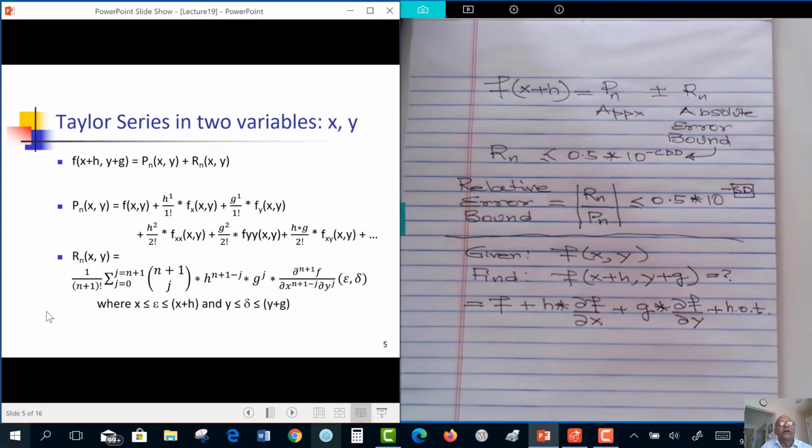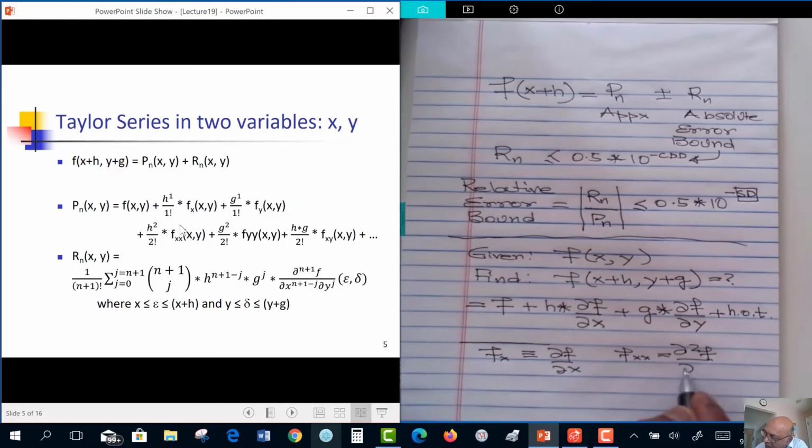I have got the second order term here on my slide. This is our second order term, which involves the second derivative. Notice I'm using a notation. If I have a subscript, it means I'm taking the partial derivative with respect to x. If I have two subscripts, I'm taking the second derivative with respect to x.